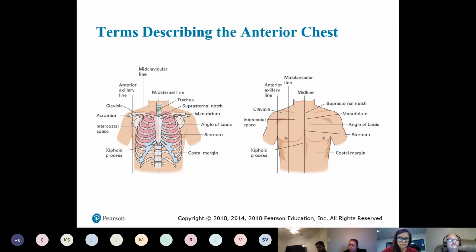That's the little indentation up here. As you start going down, you feel a bump, and that's called the angle of Lewis. Then you have the manubrium, the top part of the sternum, the body of the sternum, and the xiphoid process, which is the bottom part of the sternum.